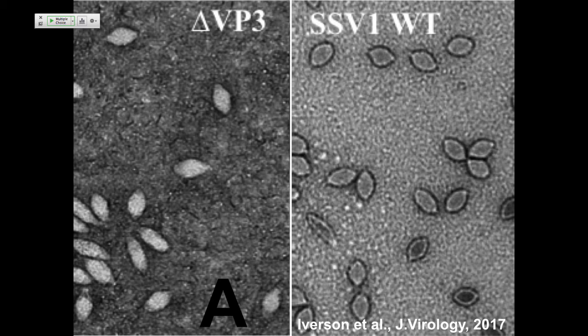But apparently, the virus can get away with literally getting rid of this VP3 protein and still making infectious virus. These particular particles are infectious. Whether they're as infectious as this, we really don't know.